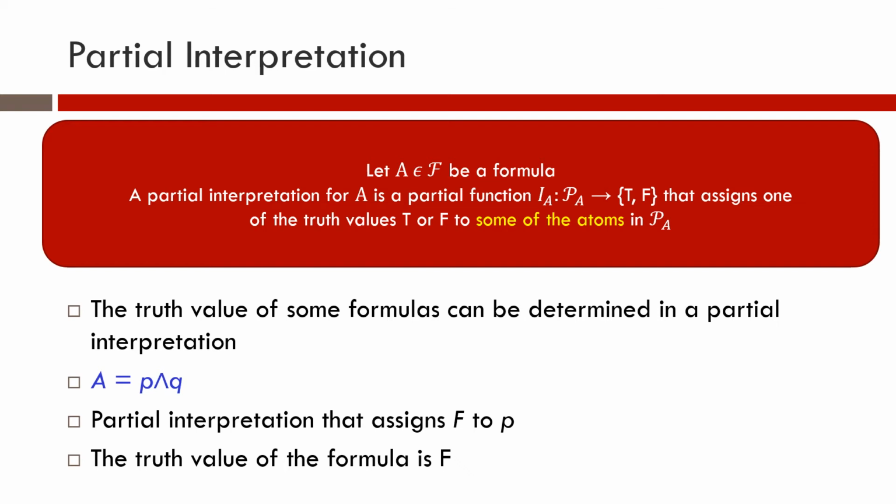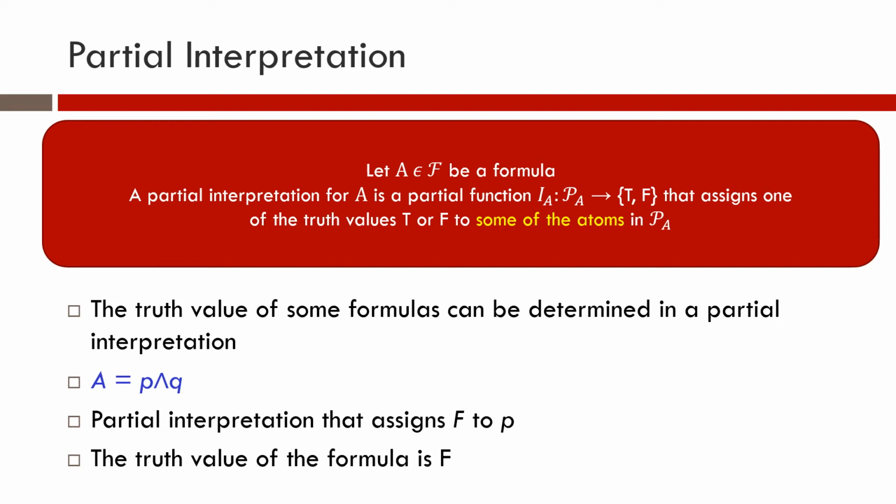Suppose the formula is P and Q, and suppose an interpretation assigns the truth value false to P. If P is false, whatever the value of Q, the truth value of the formula P and Q will be false.